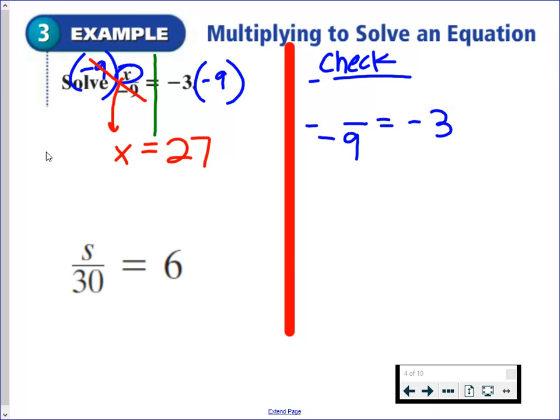But we are replacing x with a 27. 27 divided by negative 9. Oh, yep, that's negative 3. Good news. Got that one right.